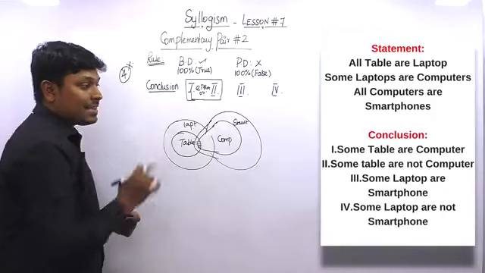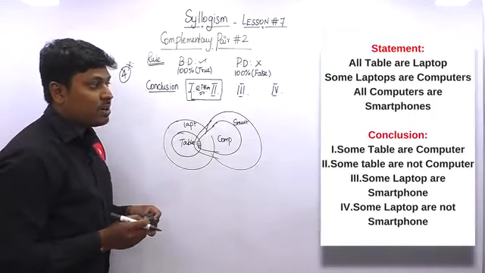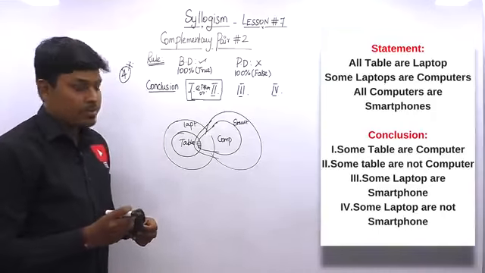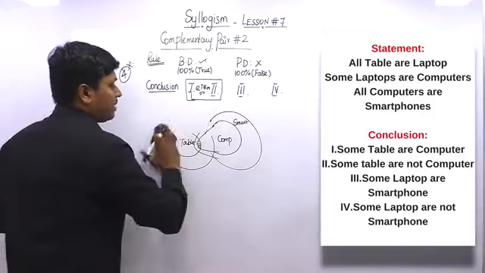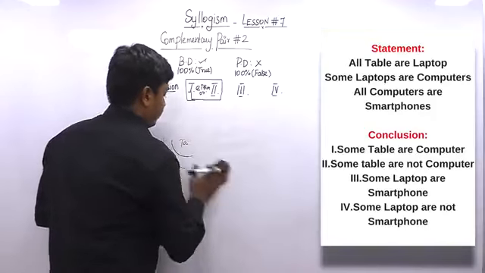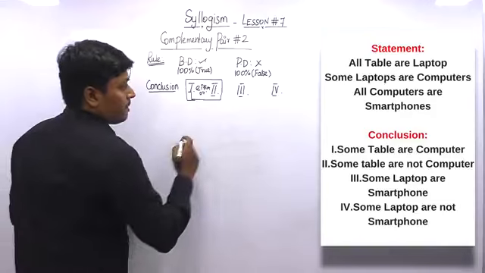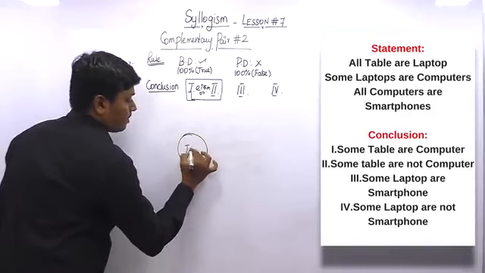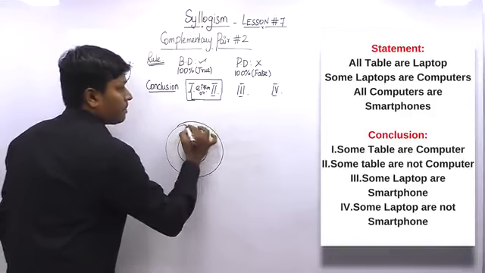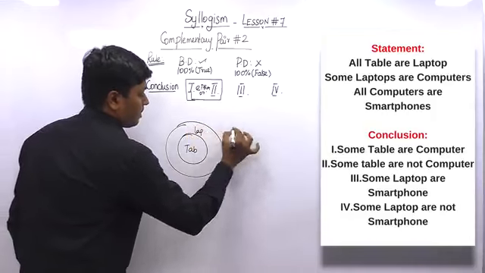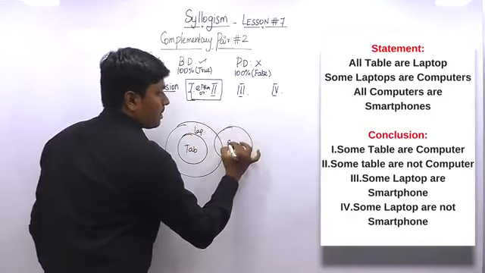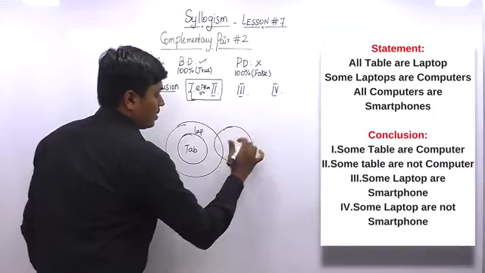Now let me move on to the second set, that is some laptops are smartphones and some laptops are not smartphones. So I can draw the diagram again. Some laptops are computers, right?